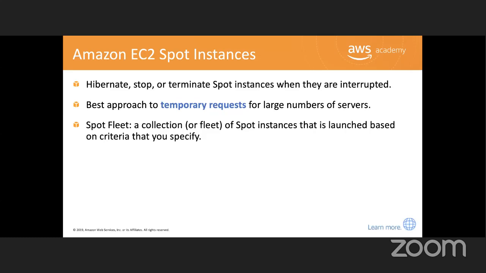If you need a large capacity of servers, the best approach is spot instances. You can have a spot fleet, which is a collection of spot instances launched based on criteria that you specify. So when you create auto scaling, for example, and then create a launch configuration, you can specify that you want spot instances, and based on that specification, you're going to have a fleet.